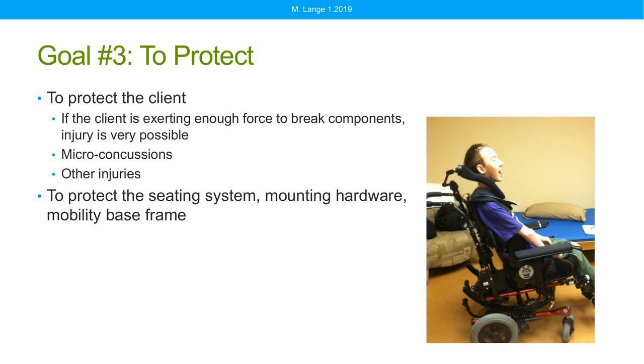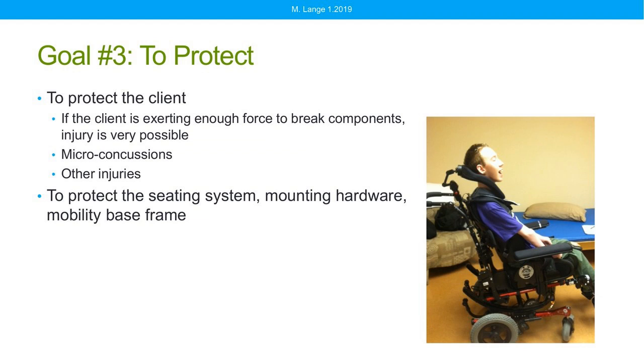We also want to protect the seating system, mounting hardware, and the mobility base. I see a lot of breakage in those areas, especially with clients who have a lot of tone or large forceful movements. That breakage is a problem in all sorts of ways. This is Daniel again. If he breaks something off on his chair, he may not be able to use his chair until it's repaired.